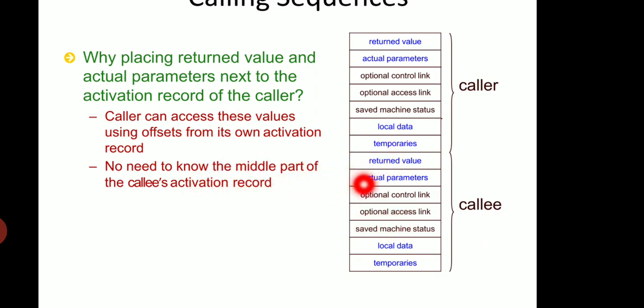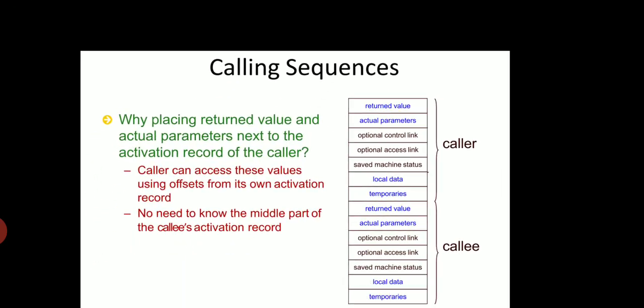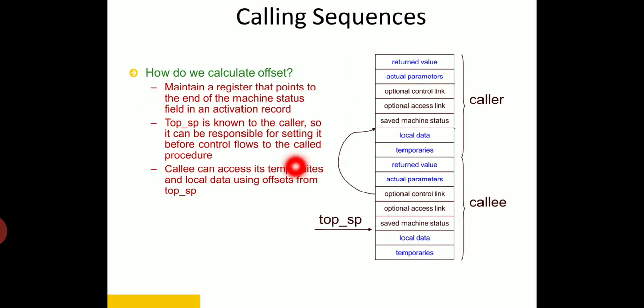There is no need to know the middle part of the caller's activation record, since the return value and actual parameters are only used by the caller. Then, how do we calculate the offset? Maintain a register that points to the end of the machine status field in an activation record.